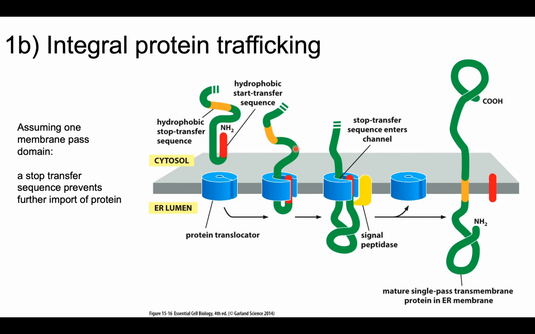We're going to keep bringing in this newly synthesized polypeptide chain. However, once the stop transfer sequence makes its way into the channel, it's going to signal this peptidase to cleave that start signal, and we're going to stop movement of this protein. So just like it says, stop transfer sequence stops bringing in that protein, and we're left with this membrane domain with this part of the protein on one side and the N-terminus on the other side.